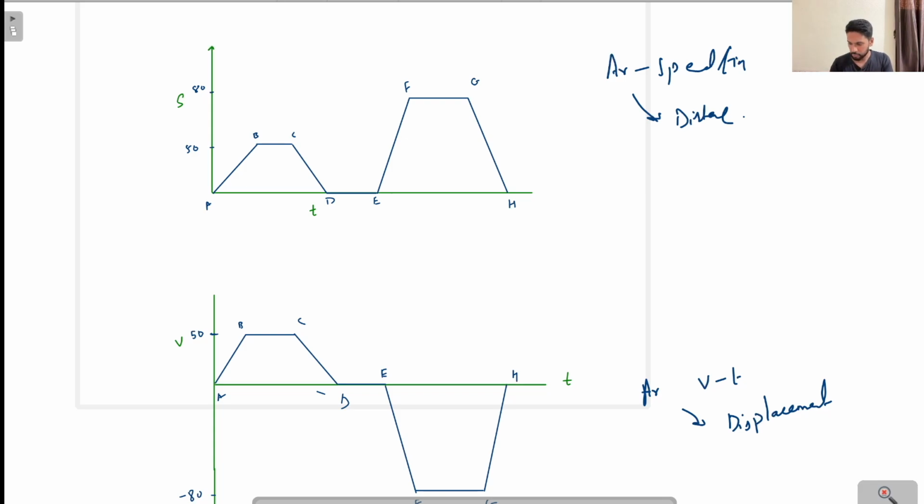Now I'll just tell you how it looks. Imagine the car has gone forward a distance of 100. So the area under this curve is going to be 100 meter. And the car has traveled in the backward direction, somewhere around 200 meter.